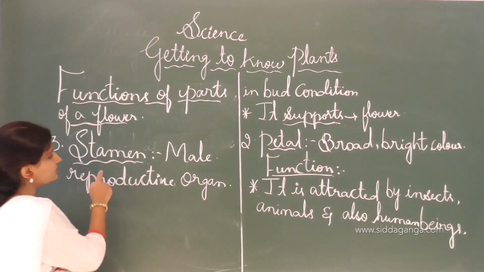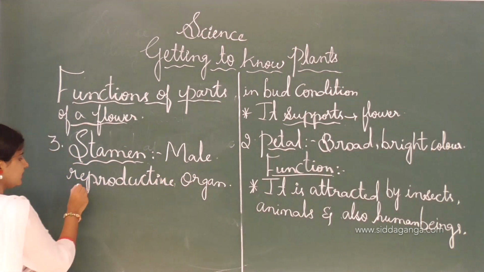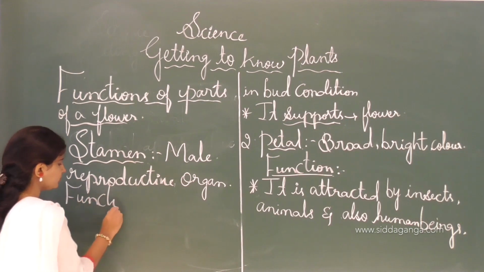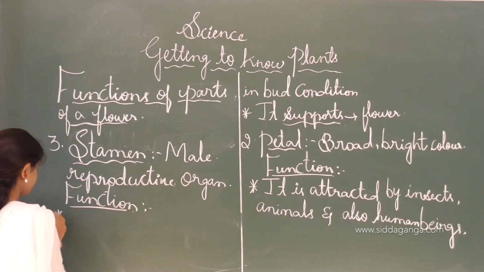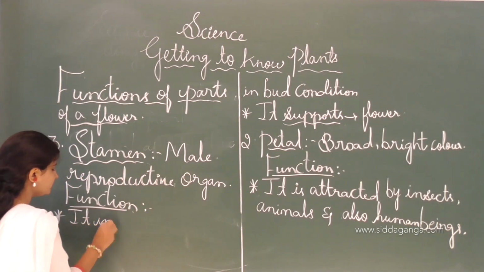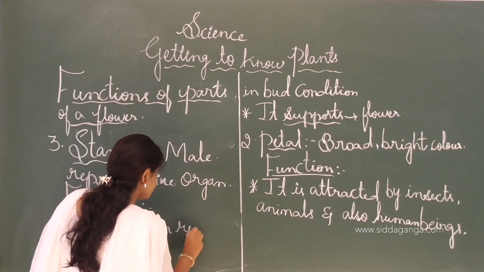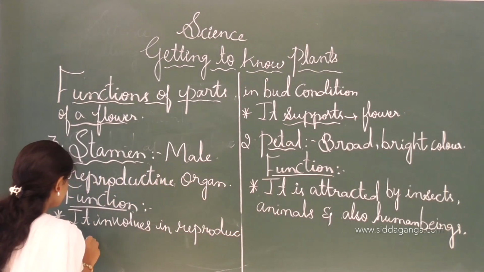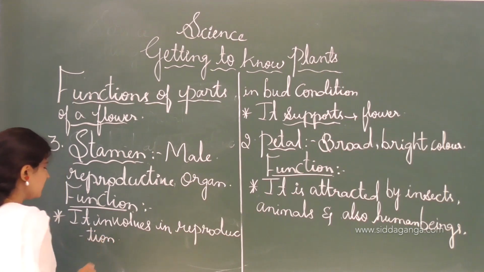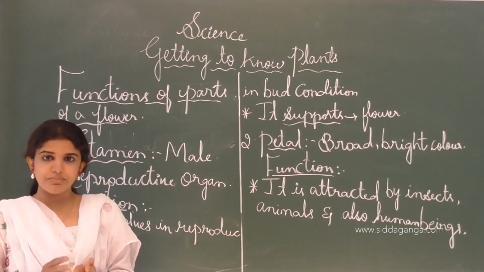The stamen is the male reproductive organ of a flower, and it is involved in the reproductive process. The stamen is present at the sideway of the pistil.